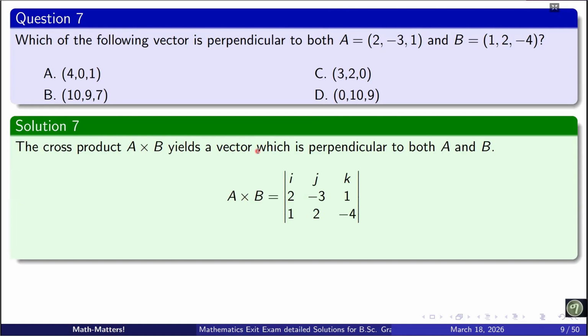Therefore, the cross product of the two given vectors, using this notation, that is ijk, with the first row being vector A and this one being B, we expand along the first row.